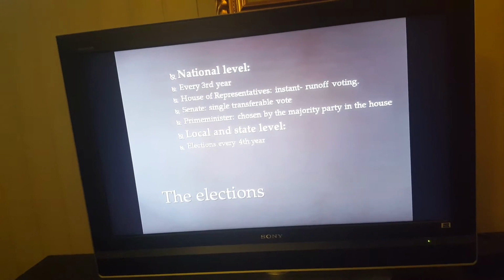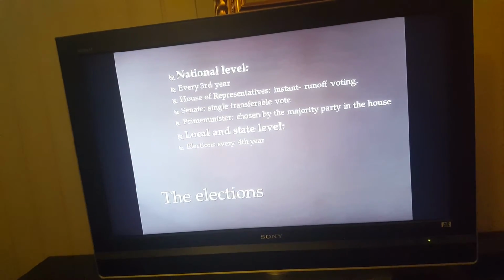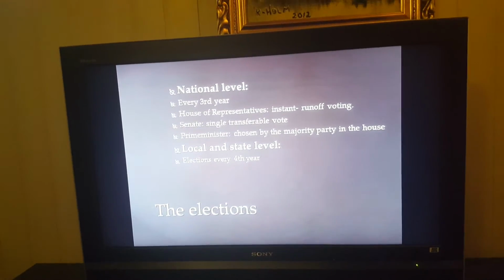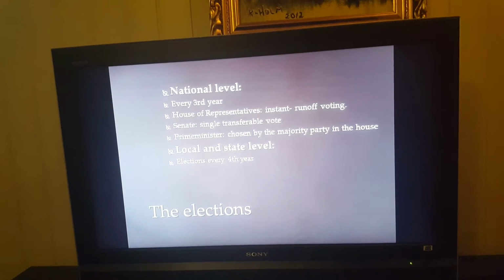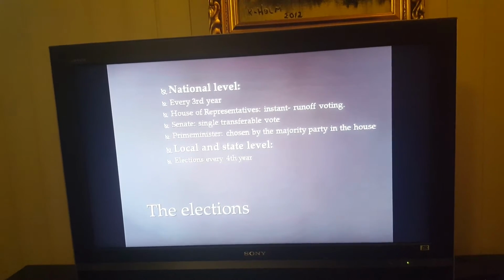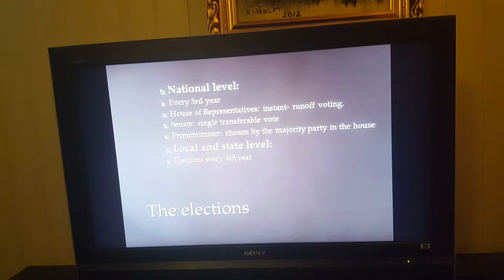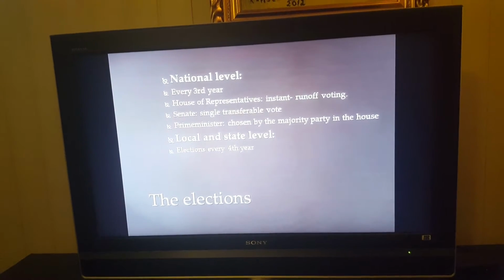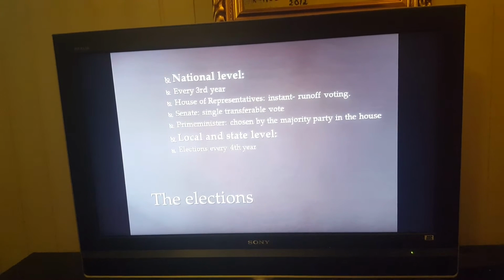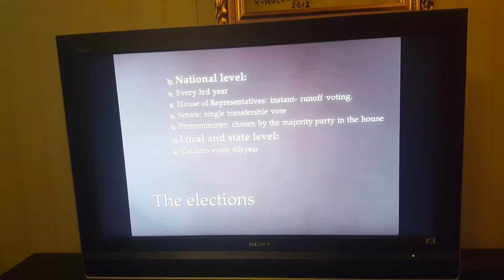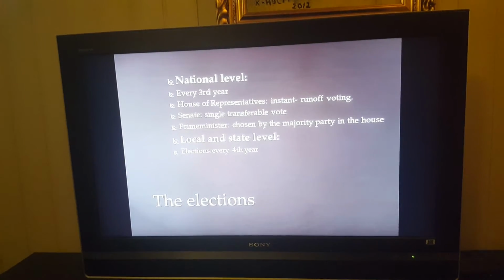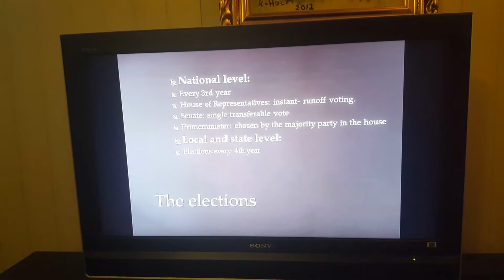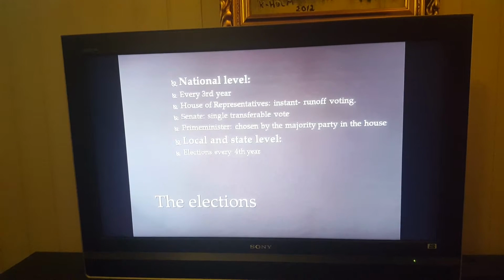Otherwise, the candidate with the least amount of votes is removed from the list, and his votes are added to the remaining candidates according to the preference order. This has led to the two largest parties dominating the House. The Senate election is called single transferable vote, which results in a greater presence of minority parties in the Senate.